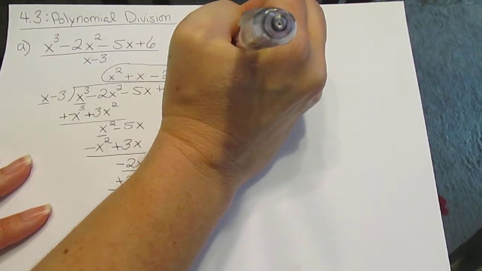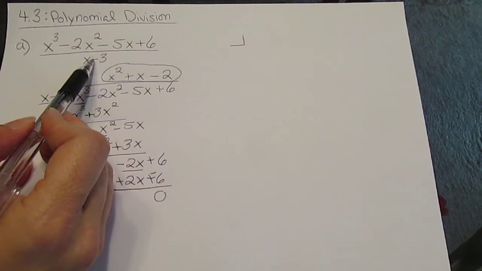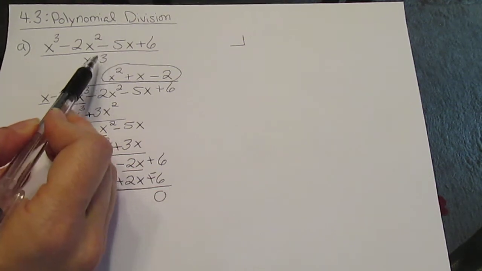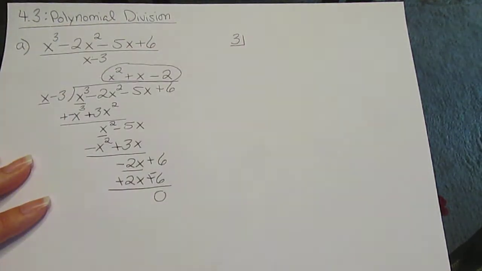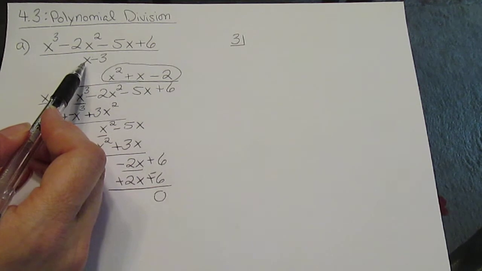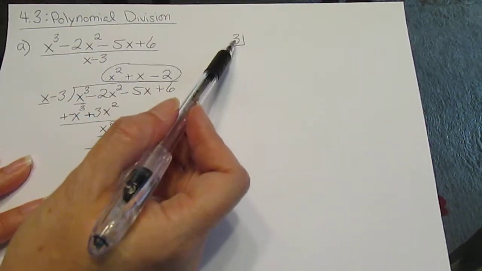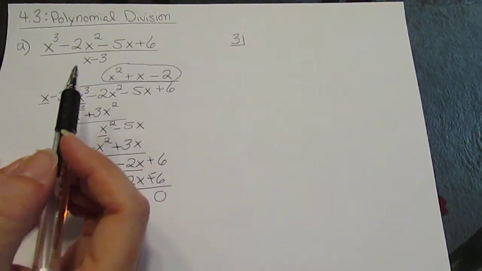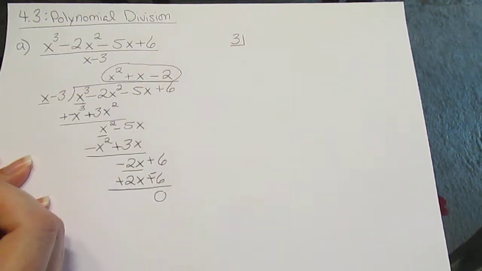So what you'll do is you'll make yourself a little box, and down here in the denominator you had x minus 3, so change the sign, you'll put a positive 3 in the box. Really, you're just setting the denominator equal to 0 and solving. You get 3. Okay, most people like to remember, just change the sign. And then we're going to write out all of the coefficients from the top right next to it.